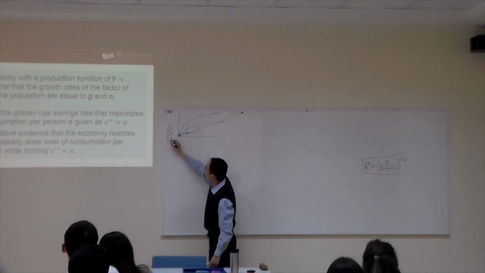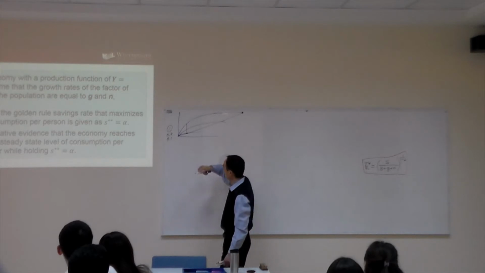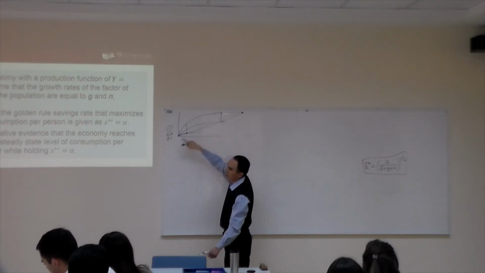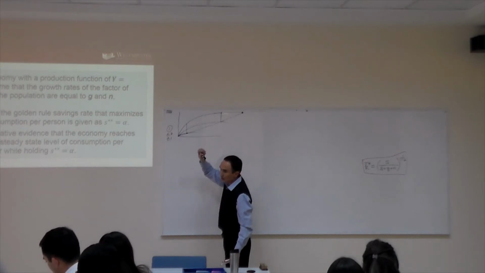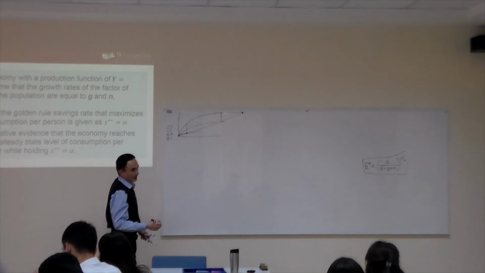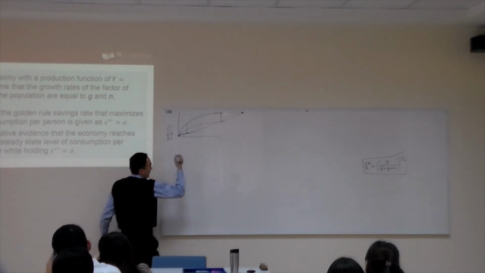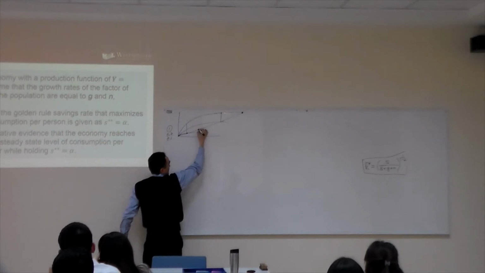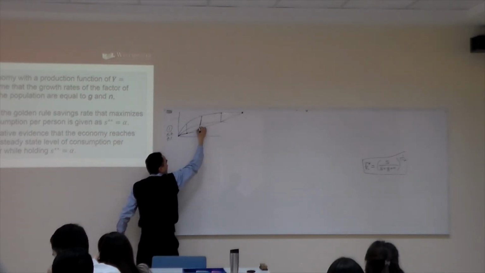If investment is high, we have another consumption which is relatively similar, right? And in the economy there is only one point, one steady state level, approximately here, which is going to give the maximum level of consumption.